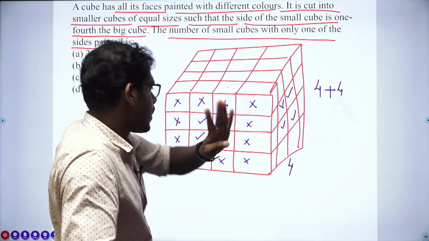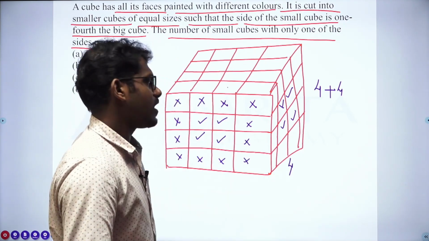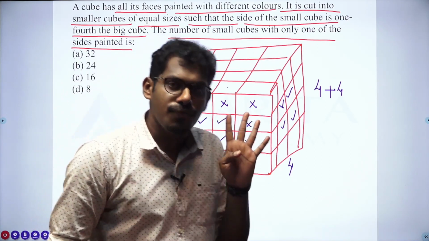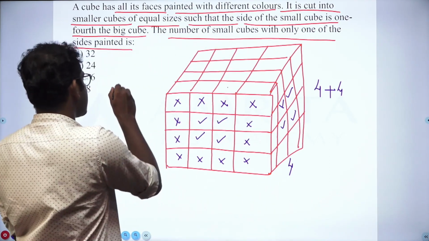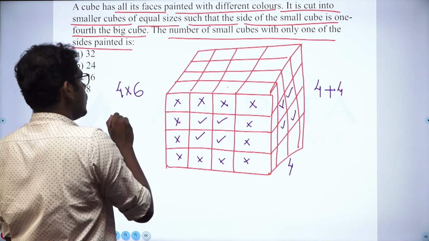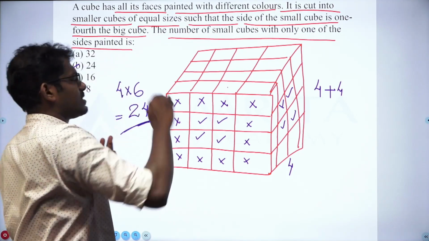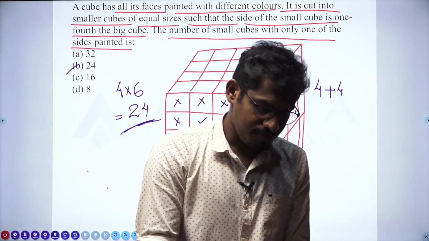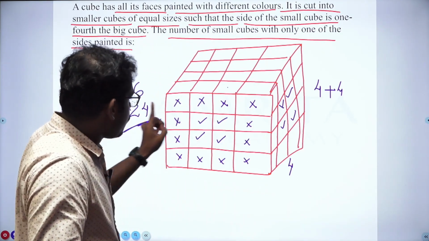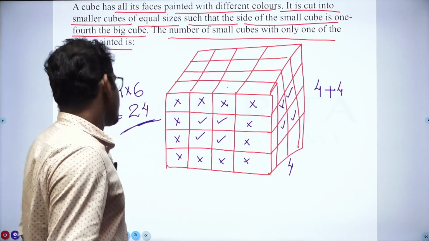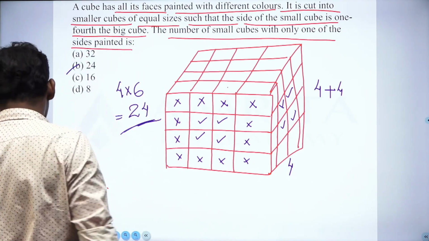For every face there will be 4 cubes. So the total number of cubes will be 4 into 6, that is 24. The answer for this question is option B, 24. So it has 24 cubes having only 1 painted face. Clear? Okay.